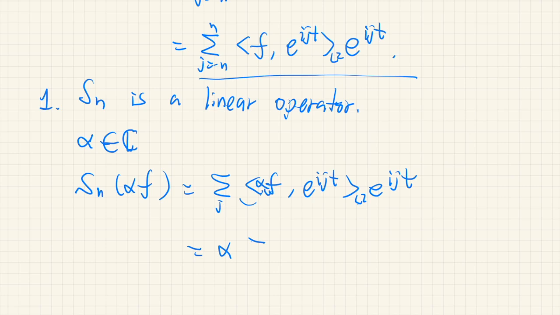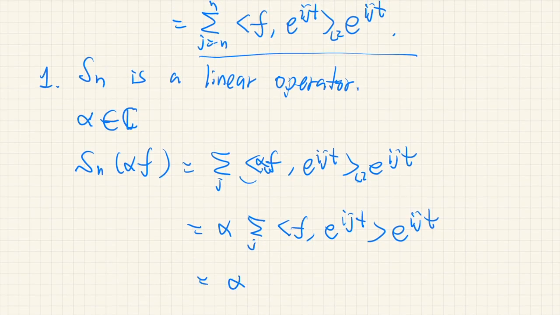So we have this sum of the inner product of f with e^{ijt} times e^{ijt}, but this is of course Sn applied to f. And so that's one thing.